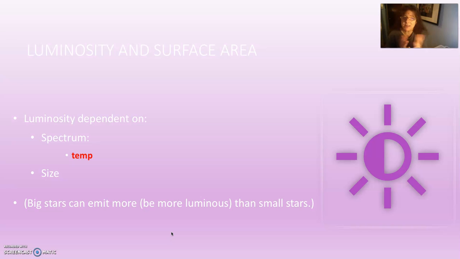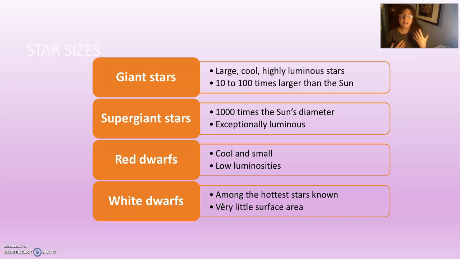The area of the star is really linked to its luminosity. So while we were able to tell its temperature by spectral classification, we can also look at its size and predict something about the temperature as well, because bigger stars can emit more, and they can be more luminous than small stars. And in fact, we have seen that there are giant stars, there are supergiant stars, there are dwarf stars, which have smaller radii than our sun.